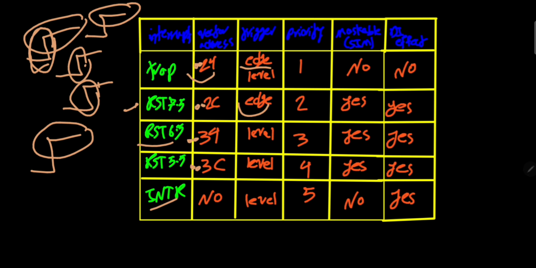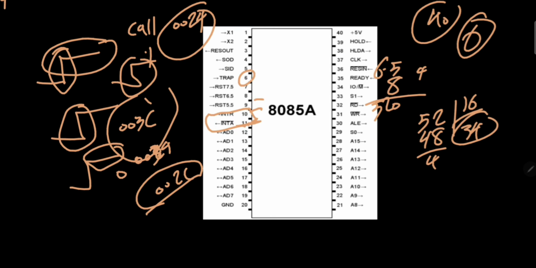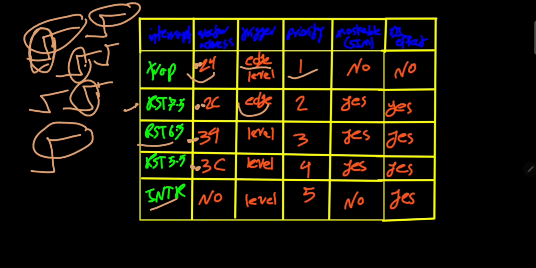About the priority, the trap has the highest priority. Let me explain it in this way. If this pin has gone high, pin number 7 has gone high, 8 is already high, 9 is already high, and 10 is already high, what the CPU would do is that first it would execute the ISR related to the trap.